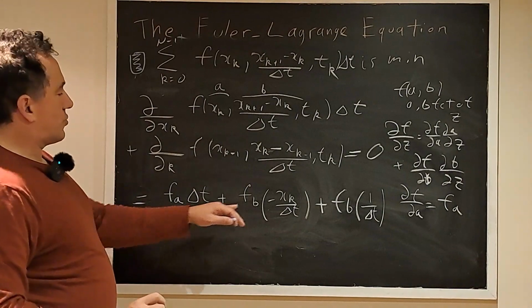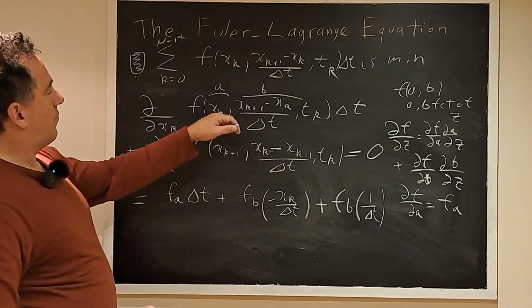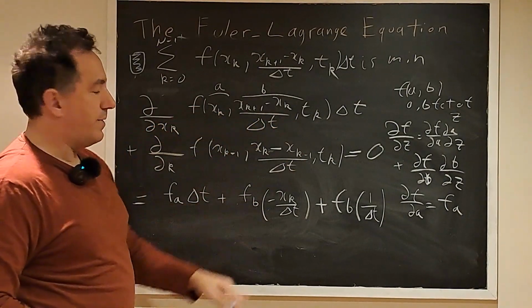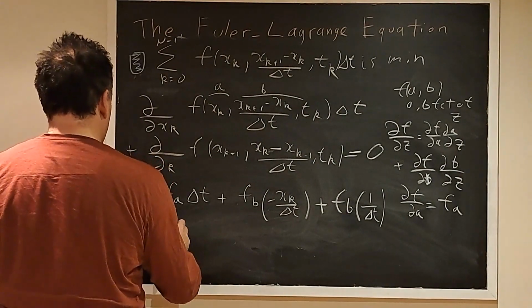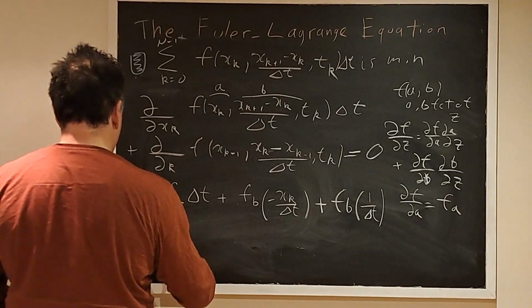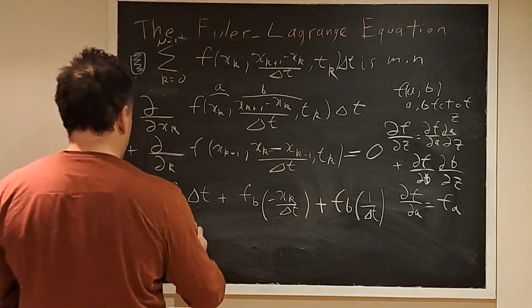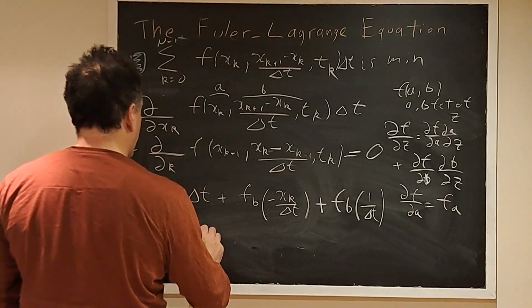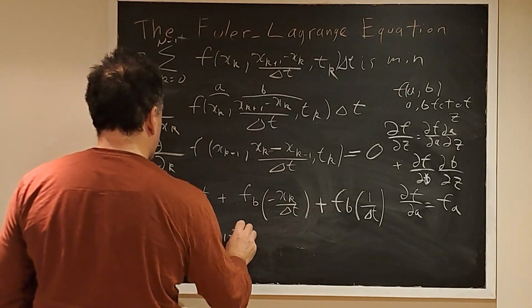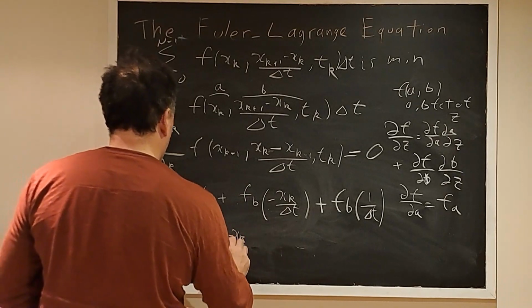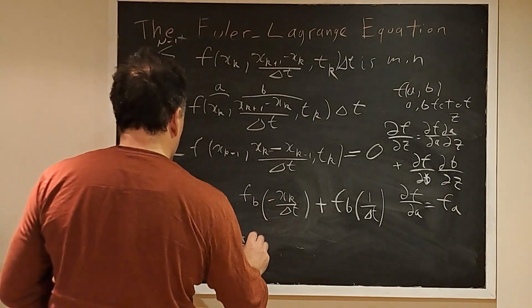Now I wrote it shorthand, but we have to be very careful at which point these things are evaluated. Here, this fa is in fact fa at xk, xk plus 1 minus xk over delta t, tk.